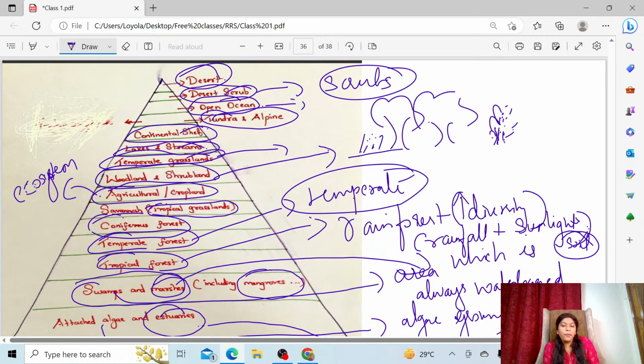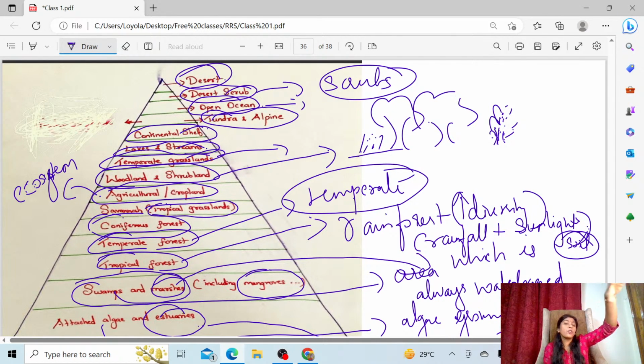See, in productivity, most of the earth is unproductive in nature, or least productive. Why? Almost 70 plus percent of the earth is covered by ocean only. And as you know, open ocean is least productive in nature.